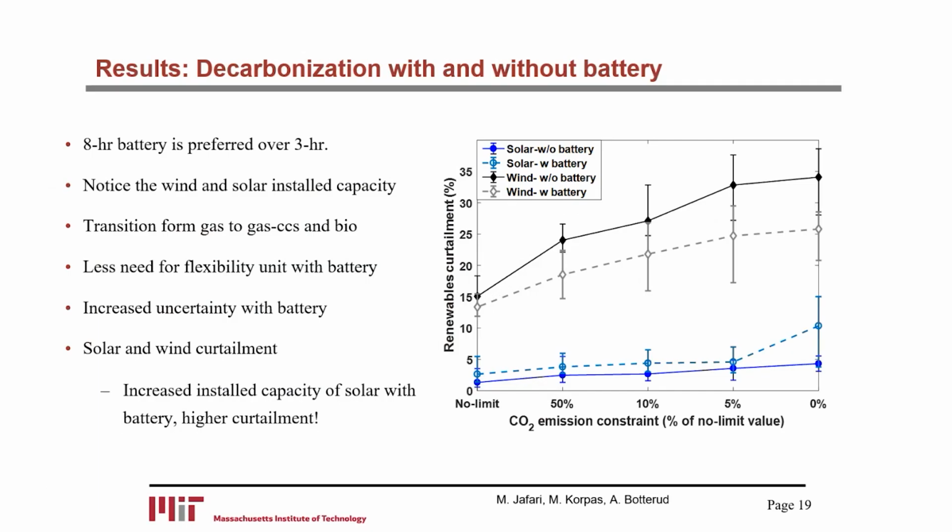There are other interesting details to be found that might be contradictory to what we think batteries can be used for. Because what actually happens when we add batteries is that we get so much more solar.